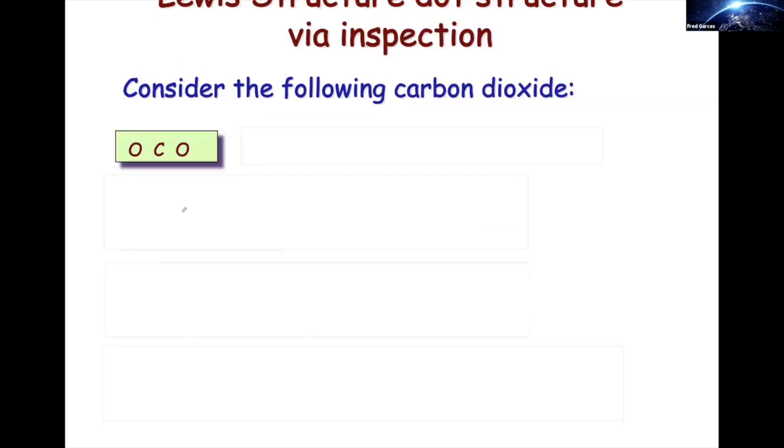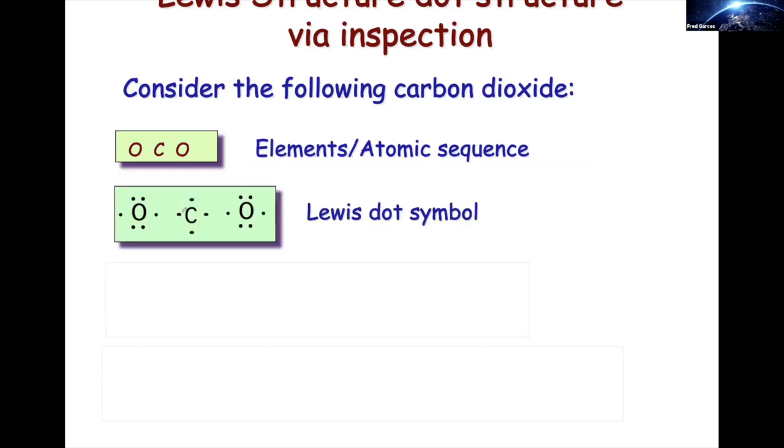If you want to do the Lewis structure, you can do it by inspection if the chemical is easy enough to analyze. First of all, you need to know how the atoms are arranged. That's the atomic sequence. For carbon dioxide, carbon is in the center and the oxygens flank the carbon. Then we put in the valence electrons for each atom.